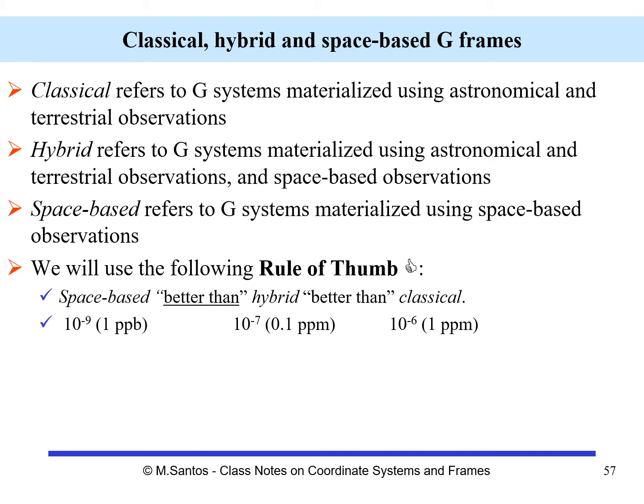part per million. Now, these numbers I'm giving, they intend to give an idea. They are not absolute numbers. They don't mean that any, say, classical G system has a relative accuracy of 1 part per million. The best ones will be at that order of magnitude, and we can think that there are others that are less than that.